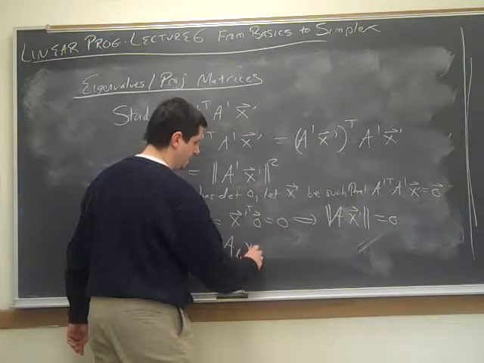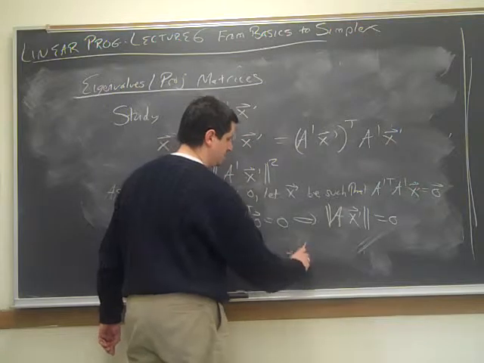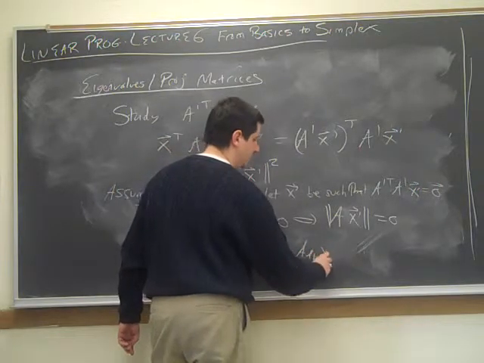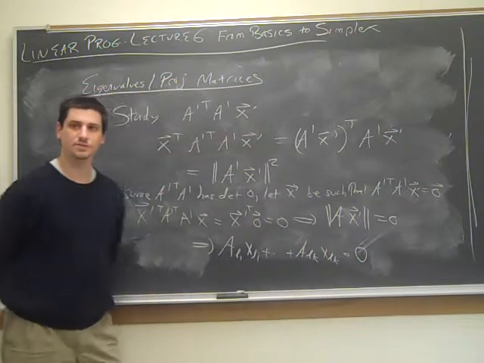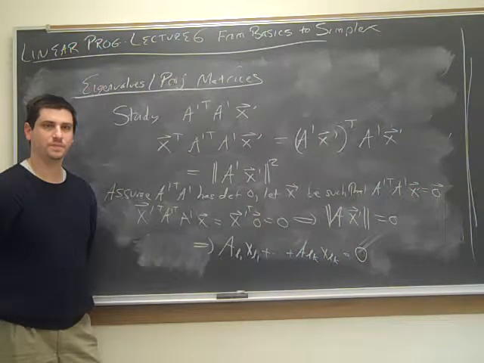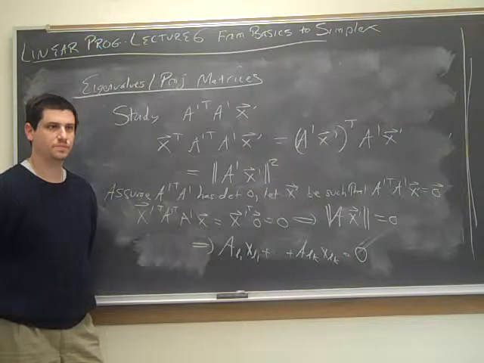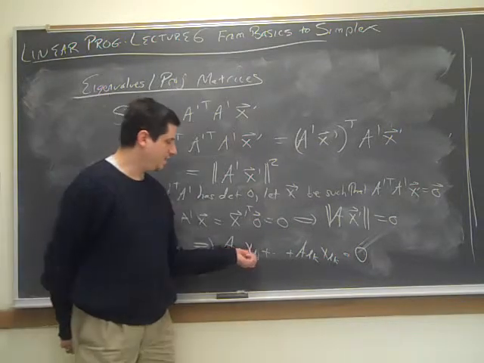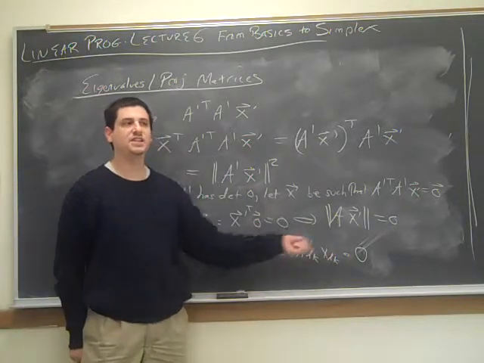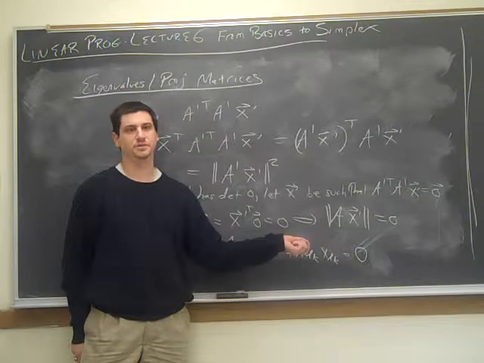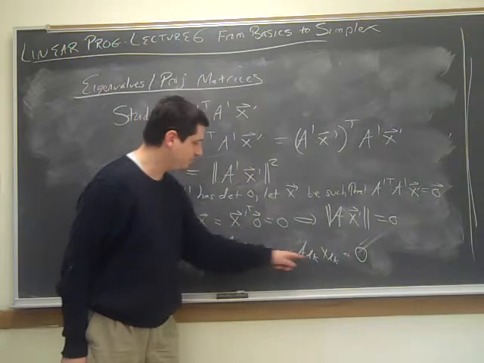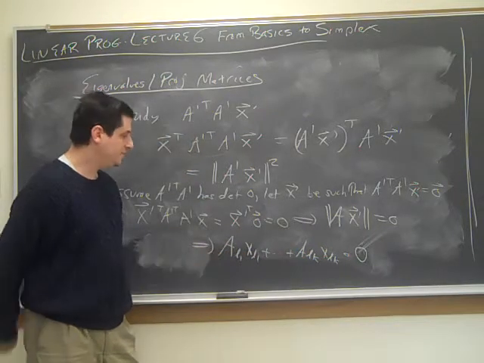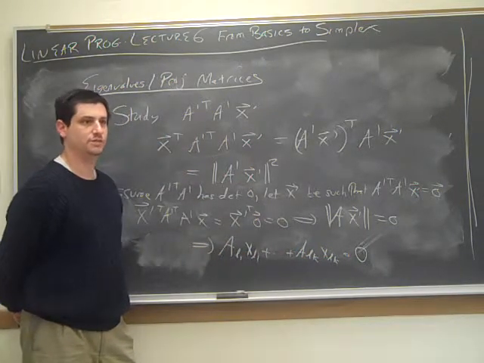So this means A_1 x_1 plus ... plus A_k x_k is 0. But this violates the linear independence, because we assumed the columns were linearly independent. So the only way I can write this is if all of the x's are 0.